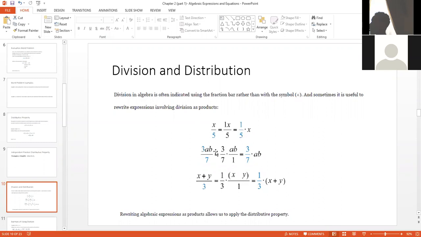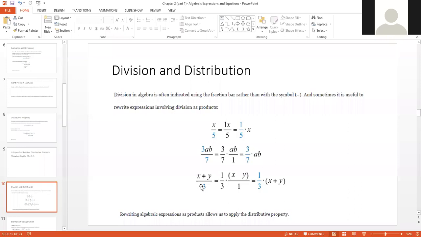So we have 3ab over 7. This is equal to 3 over 7 times ab over 1. ab over 1 is the same thing as ab, and we can take out the 3 over 7 from this expression right here and make it 3 over 7 times ab. And the last thing we see here is (x plus y) over 3 is the same thing as 1 over 3 times (x plus y).